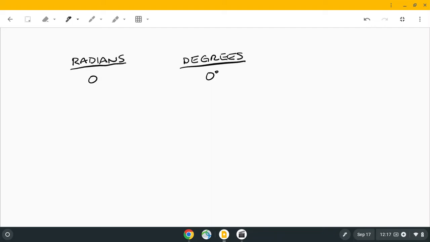Okay, so let's start with the quadrantal ones. Here are our radians, here are our degrees. So 0 degrees is going to be the same as 0 radians, right? And let's go here: 90, 180, 270, 360.